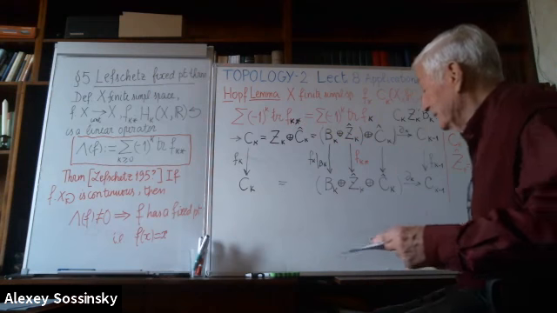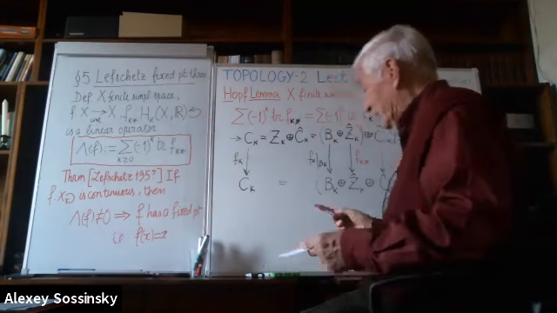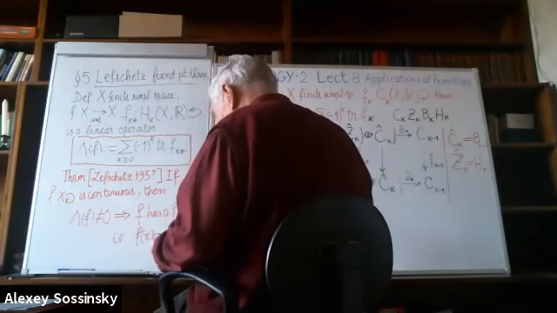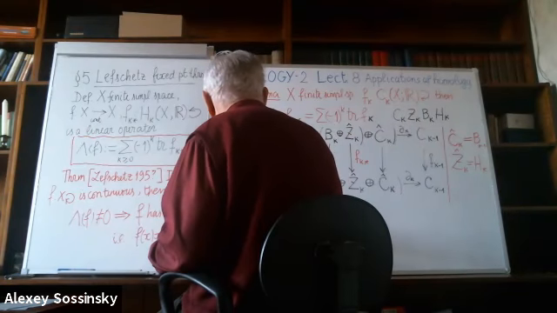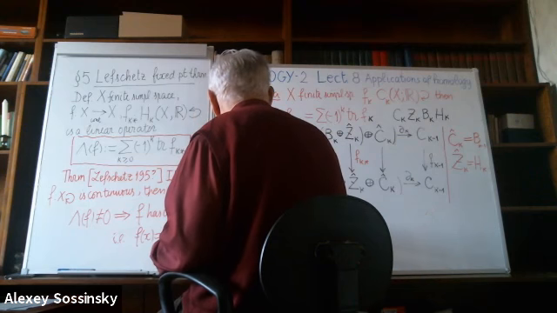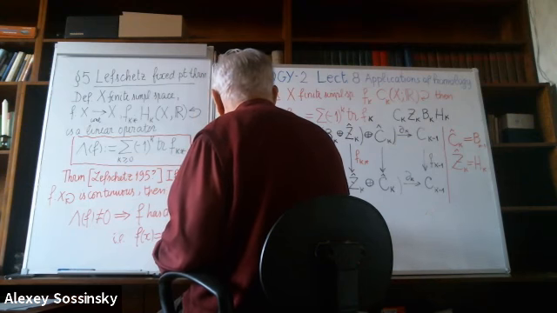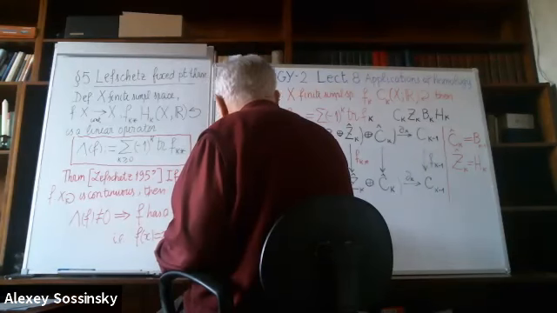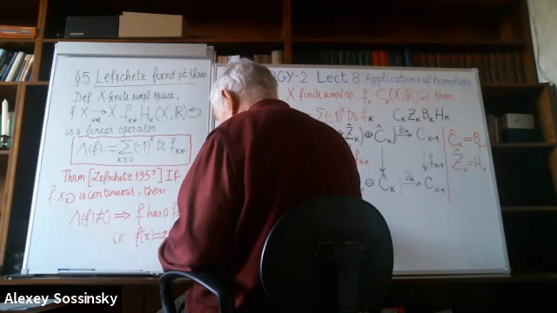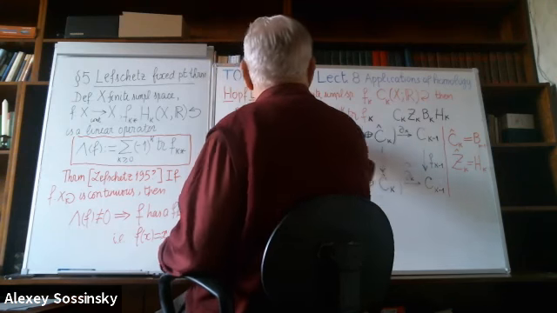And so now let us finish this computation. We have the sum of -1 to the k of the trace of Fk. So this is what we want to compute.